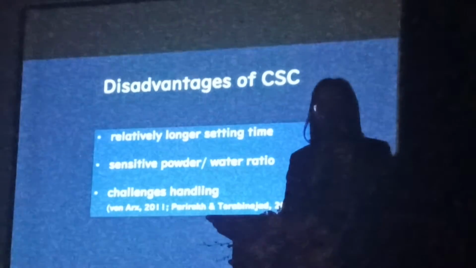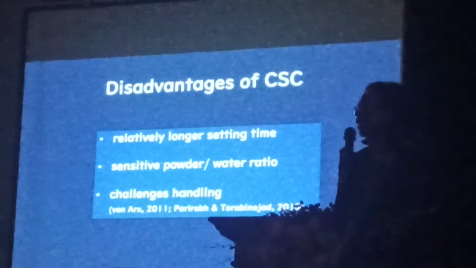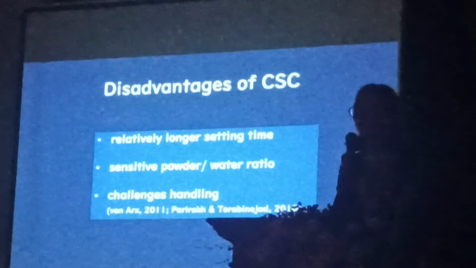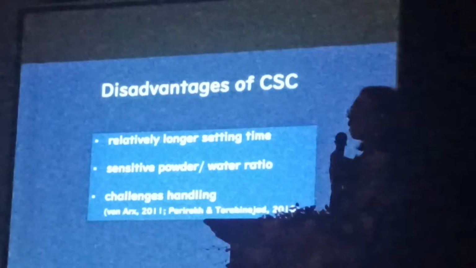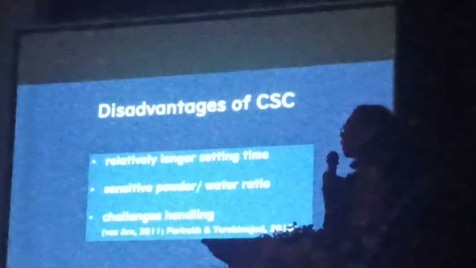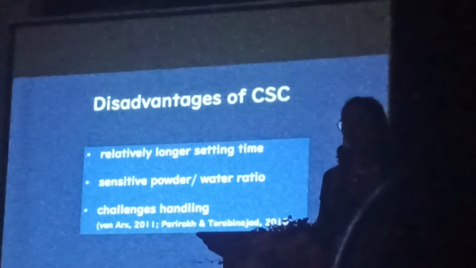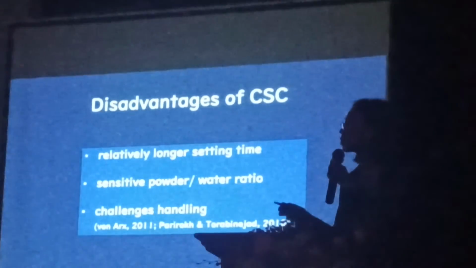We're talking about several good things about calcium silicate, but there are still some disadvantages of calcium silicate. Long setting time, they are sensitive to the powder and water ratio, and sometimes kind of hard to handle.